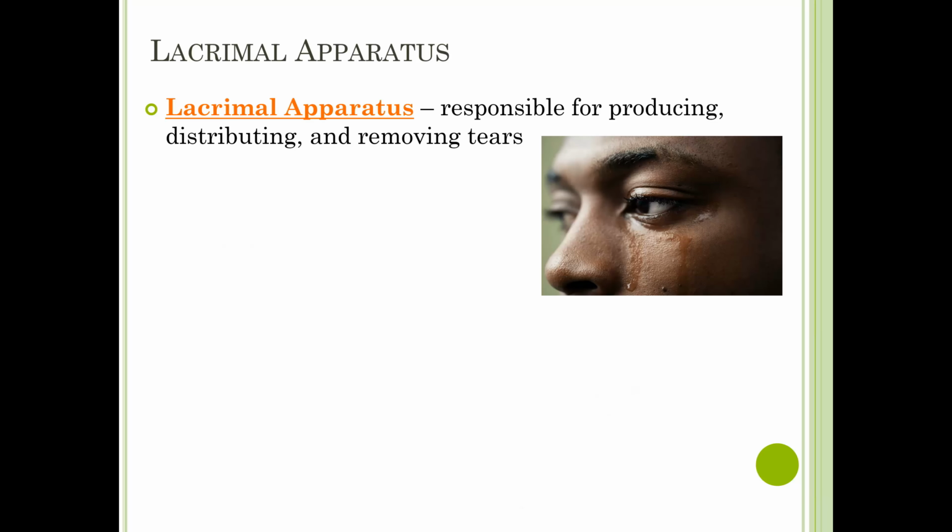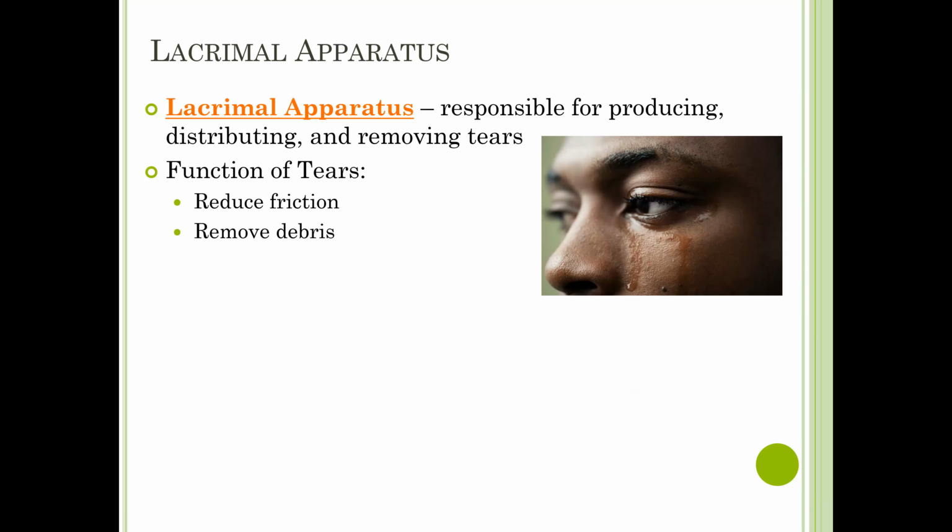So the lacrimal apparatus is the name that we give to a group of structures that are responsible for producing, distributing, and removing tears. So first, why do we have tears? Tears help to reduce friction so that our eyelids can move up and down without abrading against the surface of the eye.